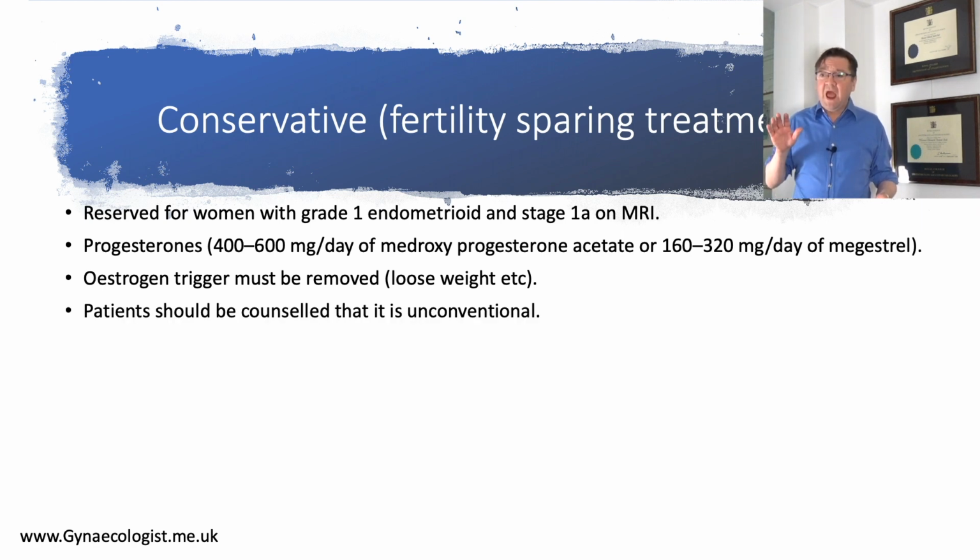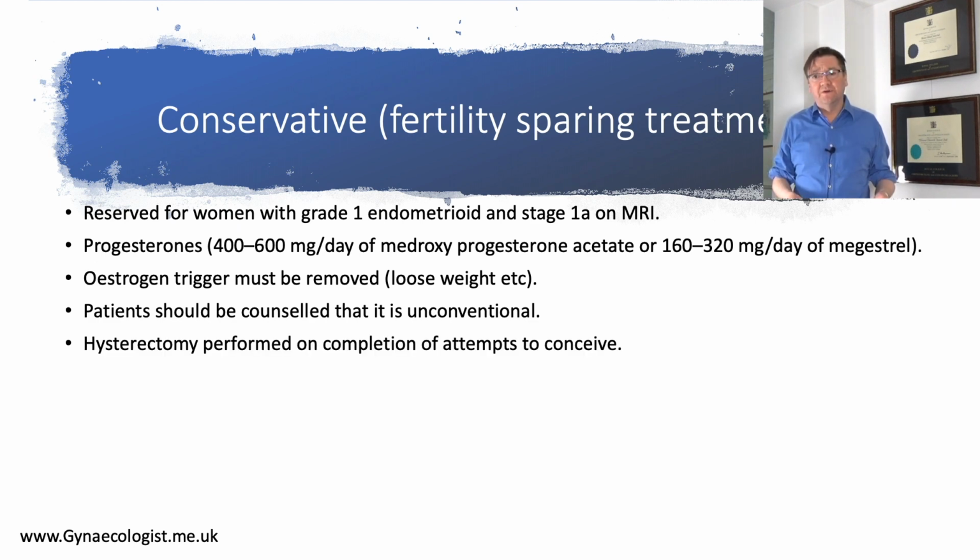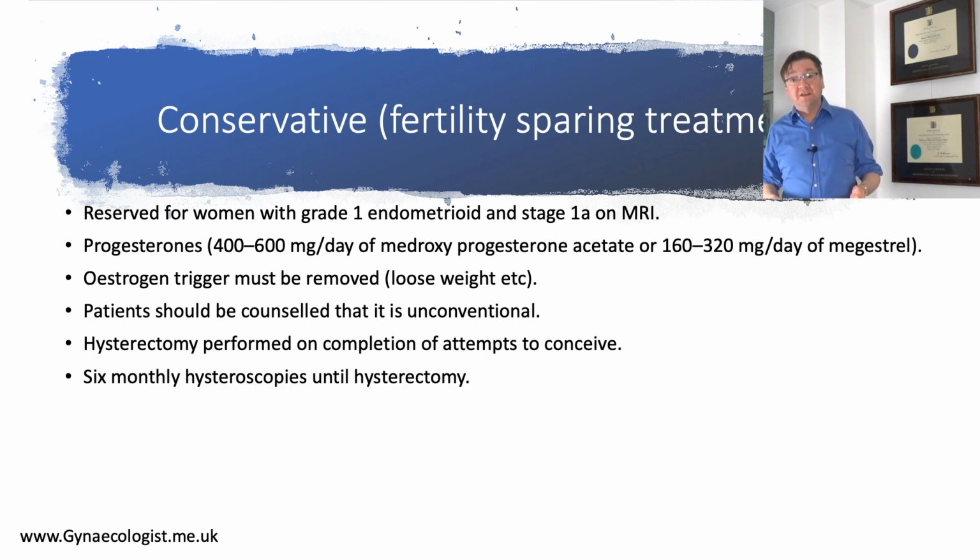I think if women have progesterone treatment, they do need to be told that it's not conventional treatment, and a hysterectomy is required on completion of their attempts to conceive, whether they've been successful or not. And while they're ongoing on it, they need to have at least 6 monthly hysteroscopies until they have a hysterectomy.